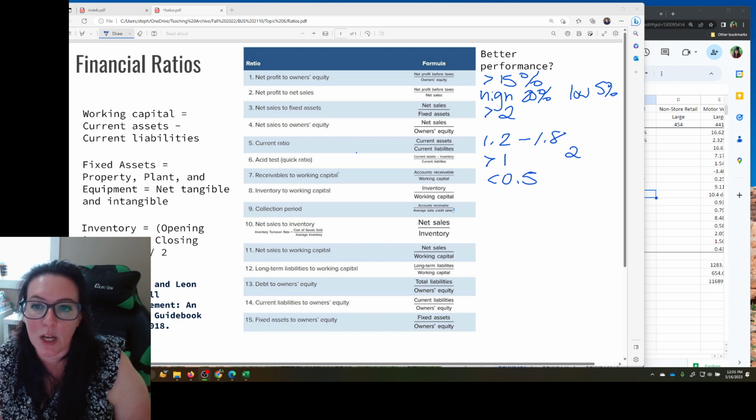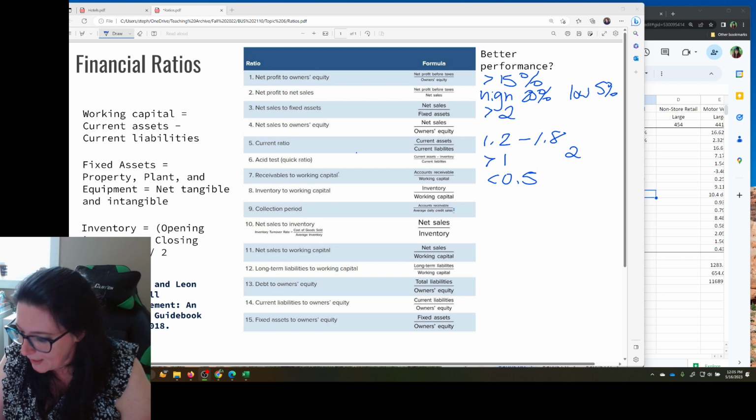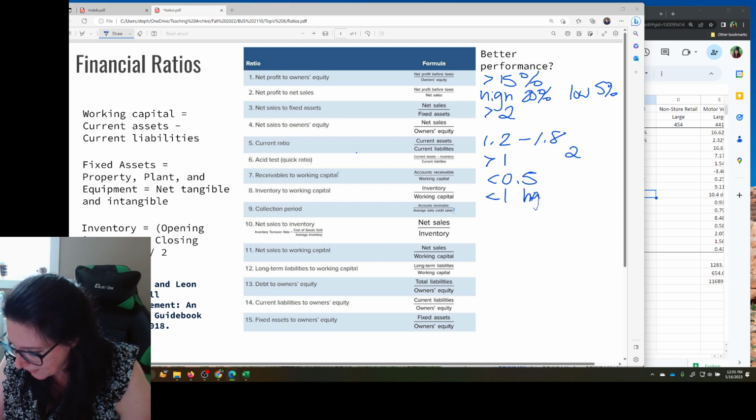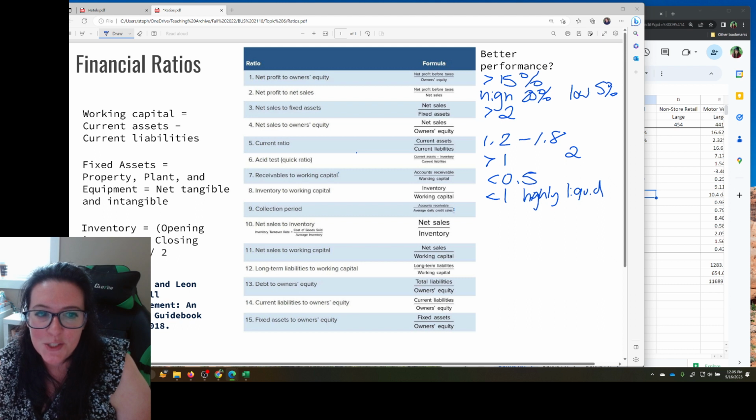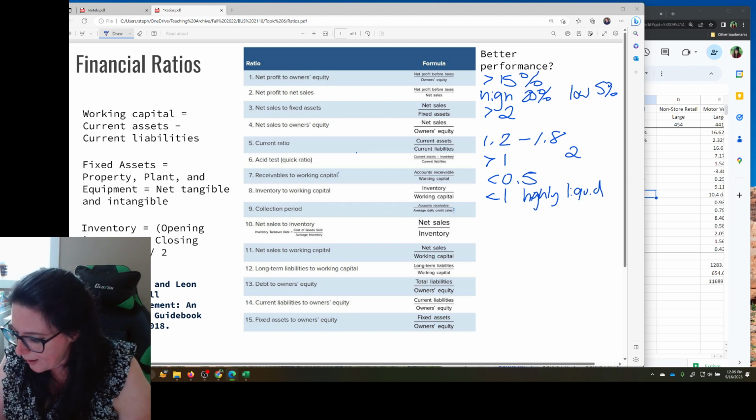So the next one we're going to look at is inventory to working capital. So we're looking at operational efficiency here. If your number is less than 1, you are considered to be highly liquid. Okay. If the number is too high, you have too much inventory.